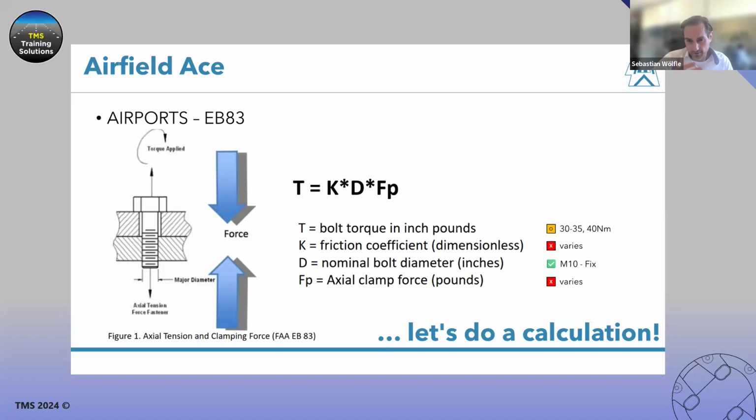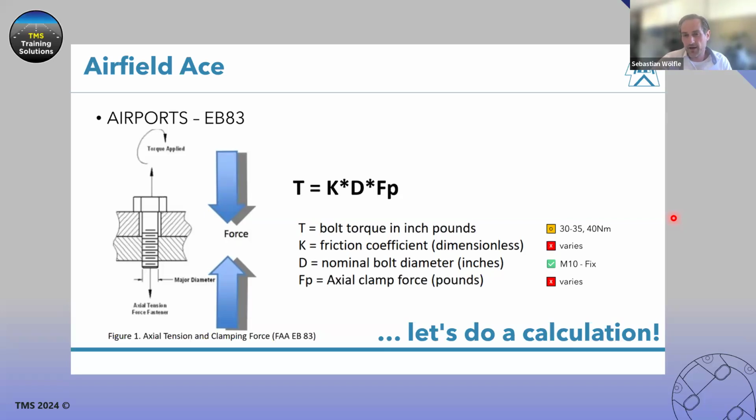Just as a quick calculation, I can take two values at the 40 Newton meter torque level. If you look at a stainless steel connection, a dry connection will end up having a friction value of 0.3, quite high, and therefore you will achieve approximately 1.3 kilonewton axial clamp force with the input of 40 Newton meter.